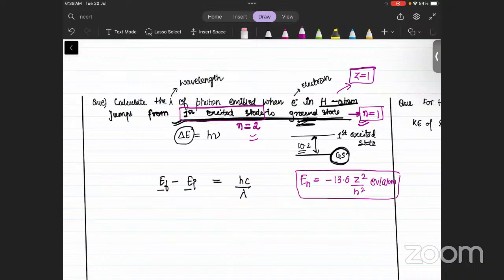I'm not asking about n, I'm asking how you took the initial energy as minus 13.6. How? Read the question again. From first excited state to ground state.